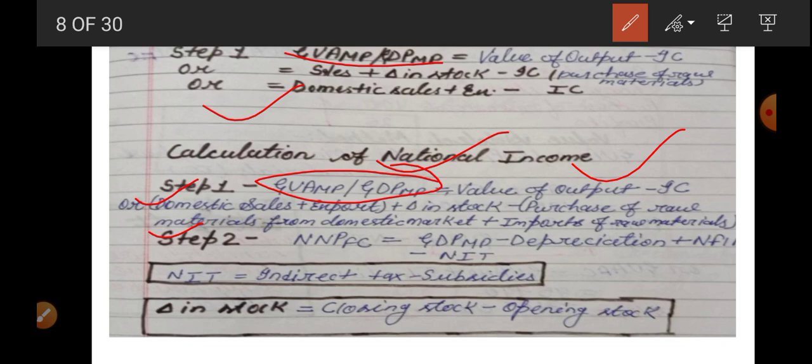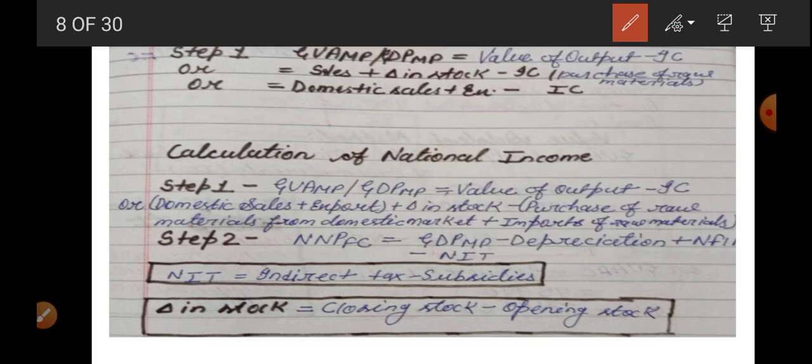Now, step 2, we get GDP MP and we want NNP FC. NNP FC means national income. So what we have to do, when we move from gross to net, we subtract depreciation. When we move from domestic to national, we add NFIA, and when we move from MP to FC, we subtract NIT.